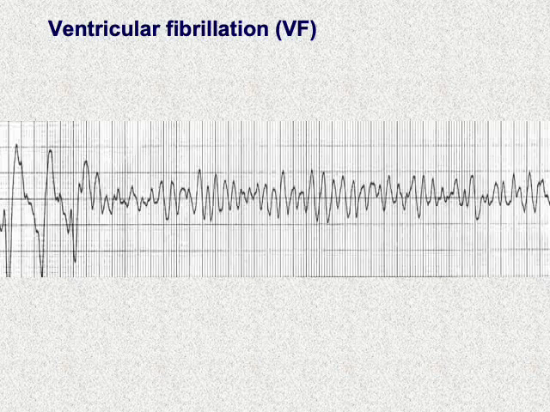As you see here, this is ventricular tachycardia degenerating into ventricular fibrillation. This is usually one form of cardiac arrest, the most common form, and usually it responds to DC shock. So this is very important to recognize.